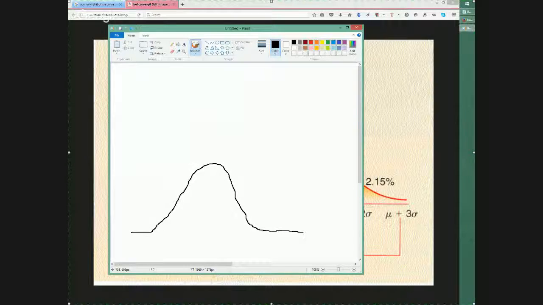Better. How narrow or how wide this normal distribution curve is, right? If it's wide, it means that there's a more implied volatile move that can happen.